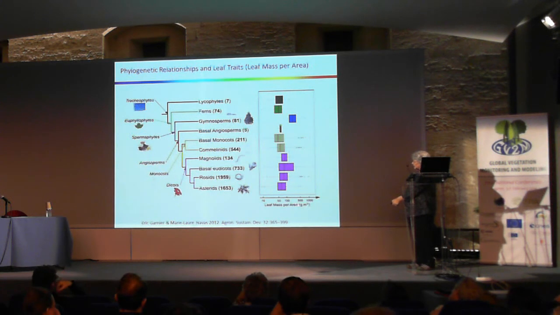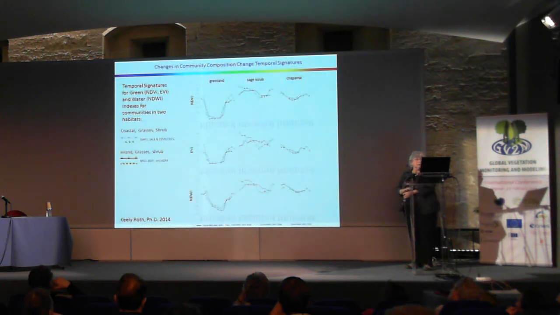And I just picked this one out as an example where they looked at leaf mass per area across the major clades of plant communities, and you see between gymnosperms and flowering plants a general trend across a lot of these that accounts for some of the variability in leaf mass area, but there is quite a wide range across all plant communities.